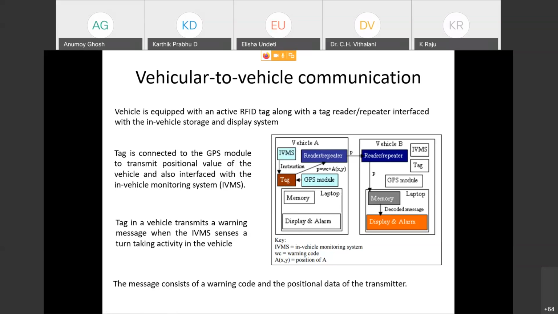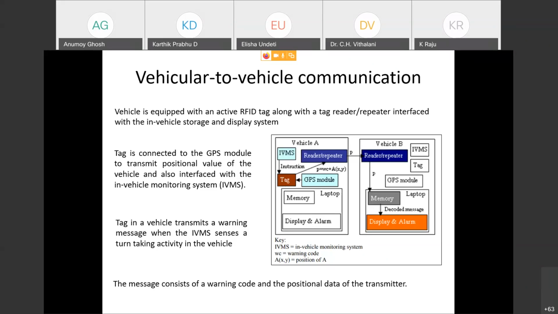Suppose a car is moving in a straight way, in a linear, rectilinear fashion. Now suddenly it wants to turn. Another car is moving just behind it. Now if it doesn't give a signal that it is going to take a right turn or a left turn, then the car following just behind may face some disturbance.